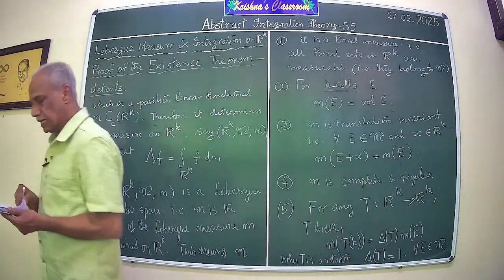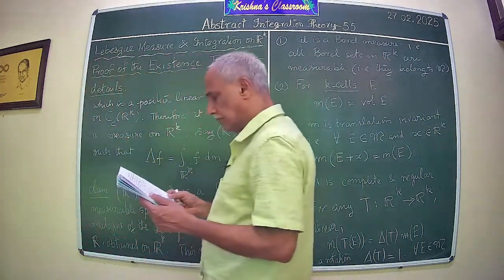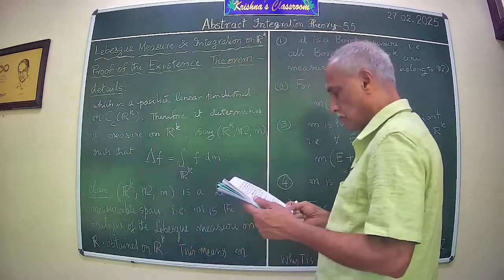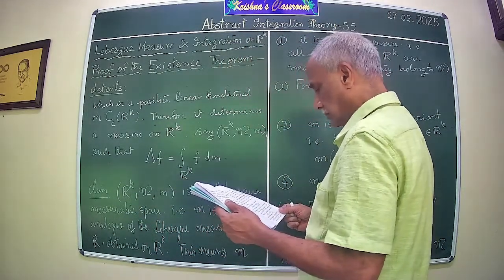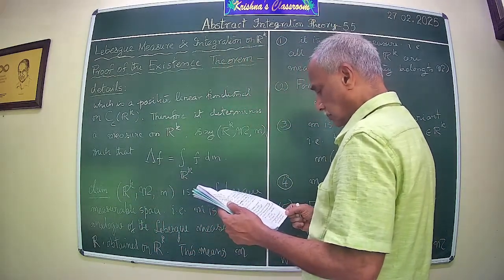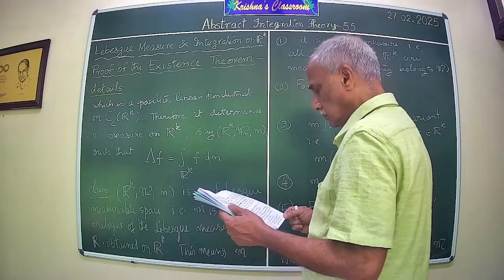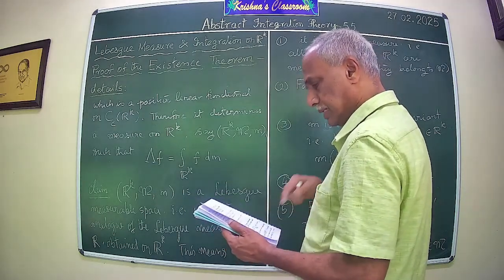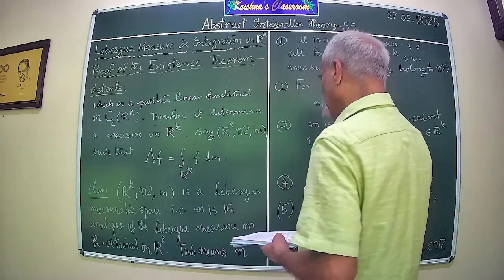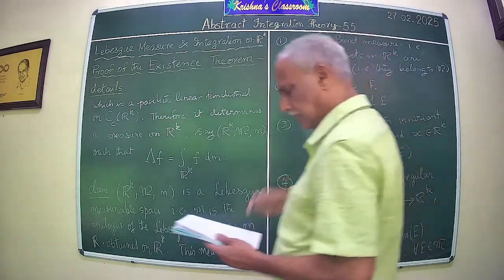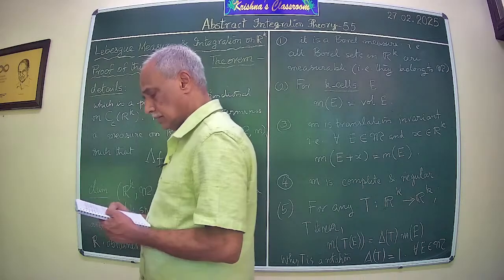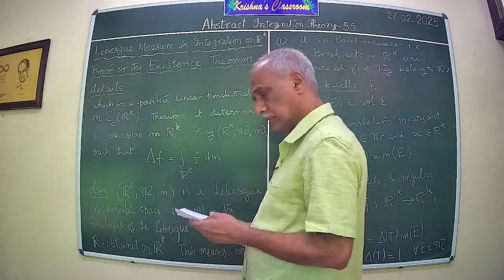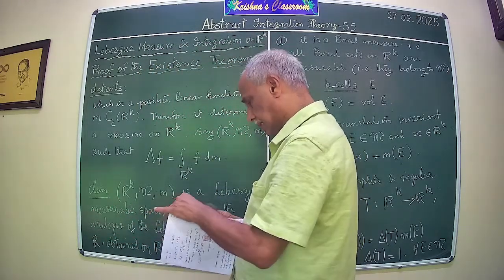Now these are the important properties that we have to verify, and then we'll go on. I think I have listed out all the properties, and there may be one or two small things which are missing, but I will just take it up. So let us start proving this now.